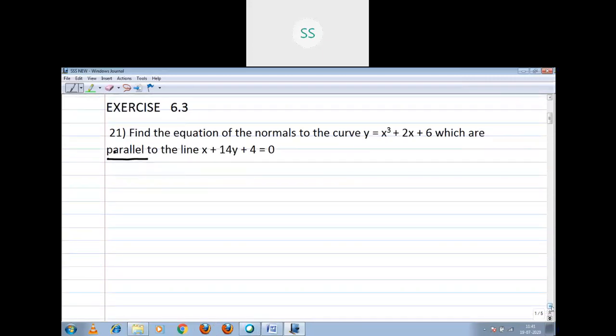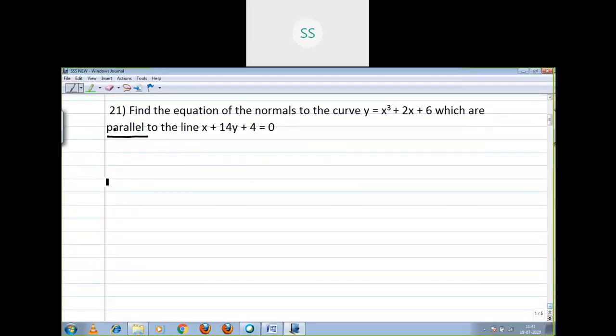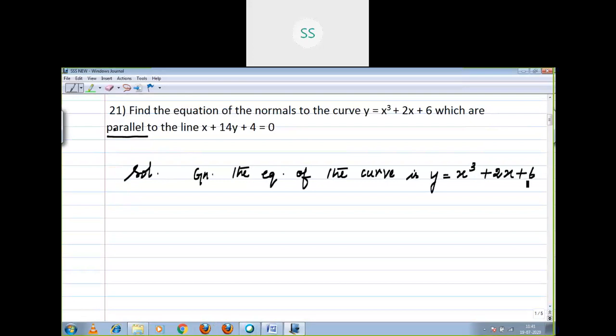Solution. Given the equation of the curve is y is equal to x cube plus 2x plus 6.